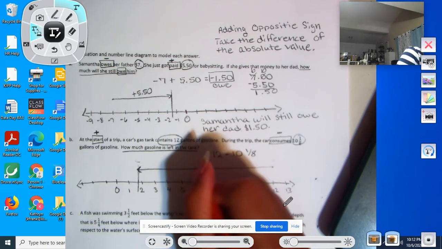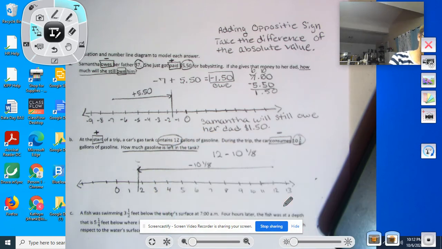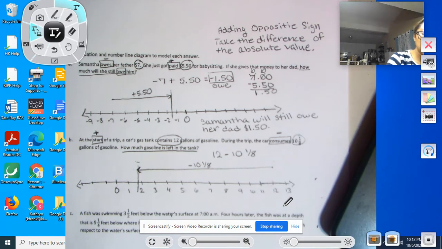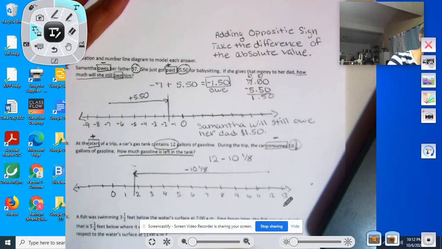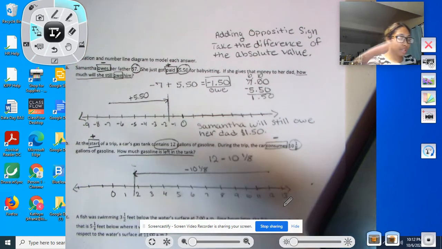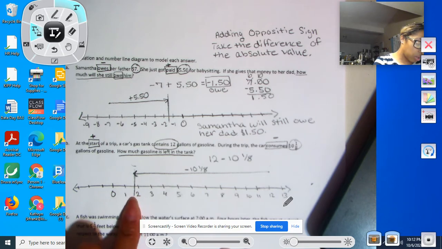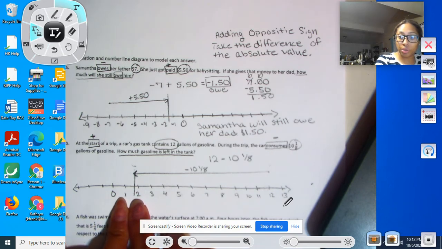This arrow represents the minus 10 and 1/8 gallons of gas that was used on the trip. So we know that our answer based on the number line should be somewhere between +1 and +2.